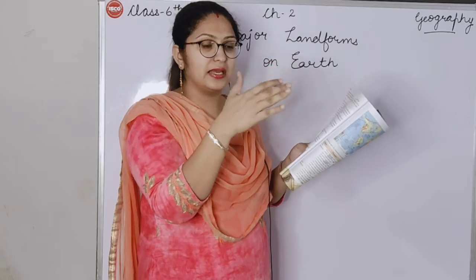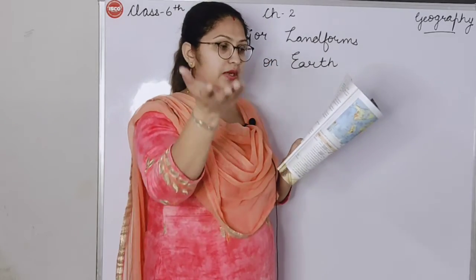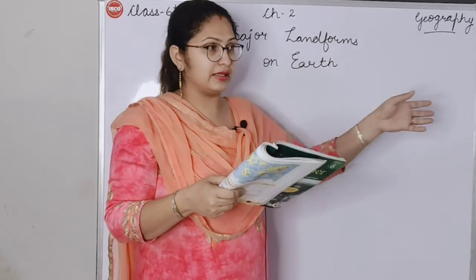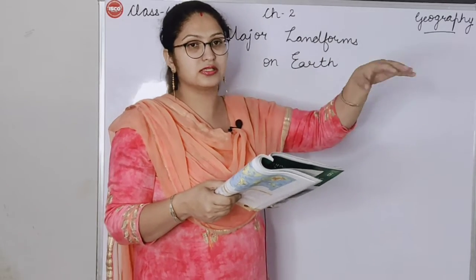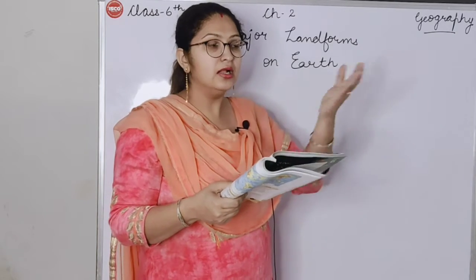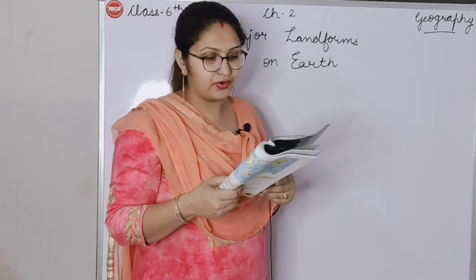Sometimes the height is reduced and sometimes increased relative to the surrounding terrain, the ground surrounding that area. So there is a change in some part of the area and the surrounding area is different.